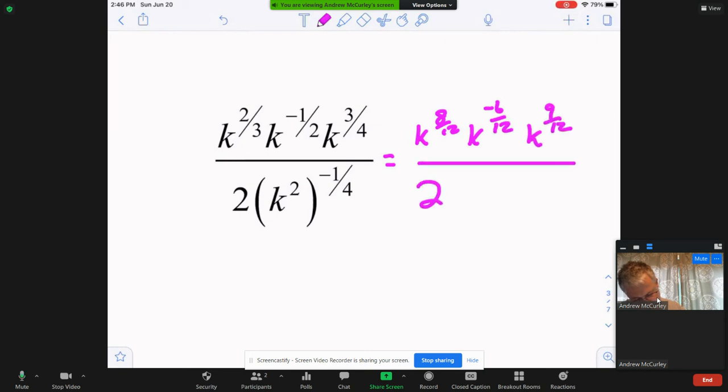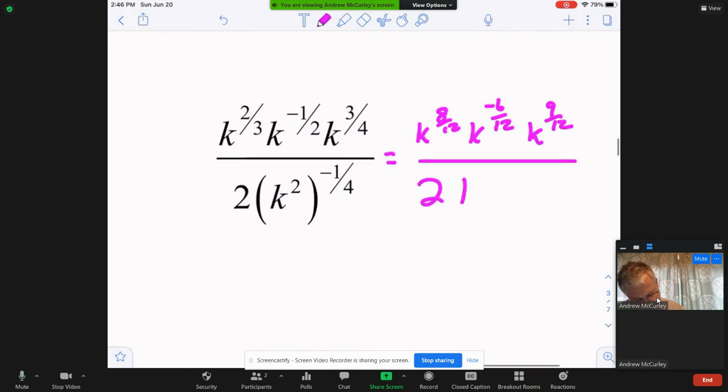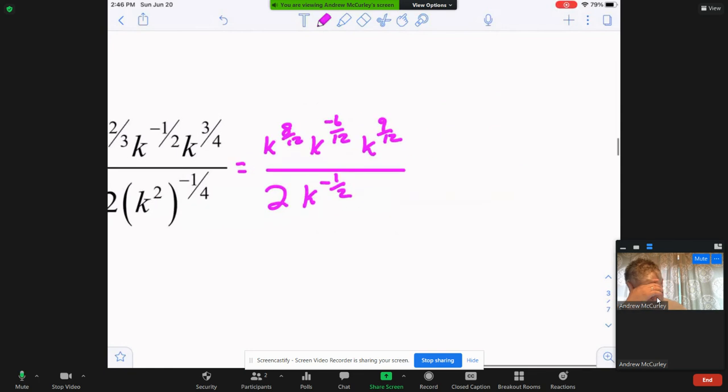The 2 is just going to stay up front. This looks like k to the negative 1/2, right? 2 times 1/4 is 1/2. So up here I've got k to the 8 minus 6 is 2, plus 9 is 11/12.